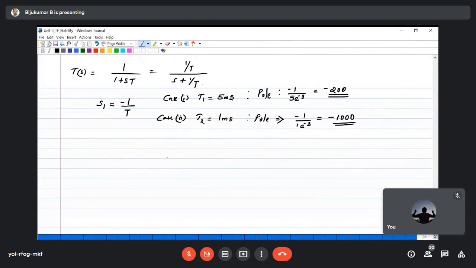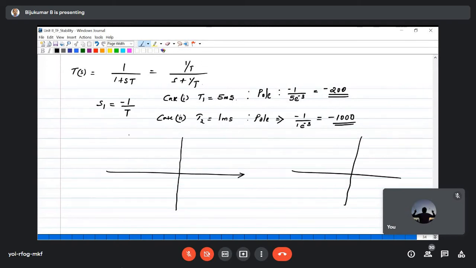We have seen, compared to the far away poles, the pole which is closer to the origin is dominating the output response, right? So if we draw the two systems, means we will draw the poles. This is for case 1. This is for case 2. This is imaginary. This is real.